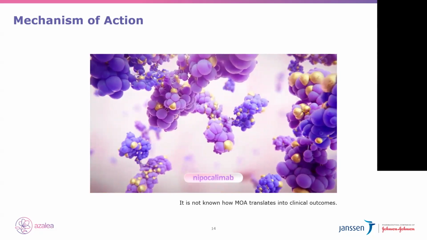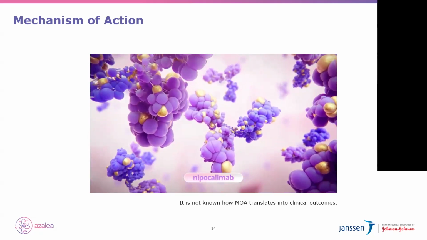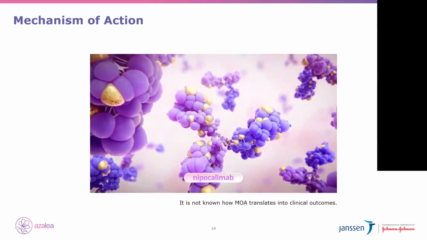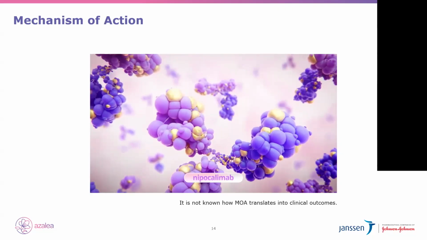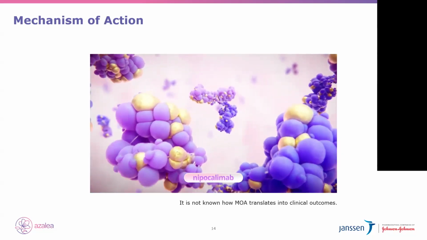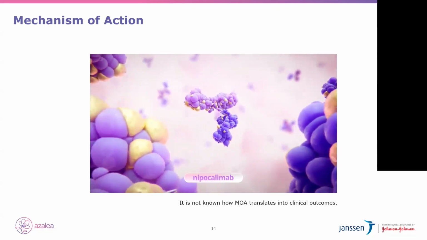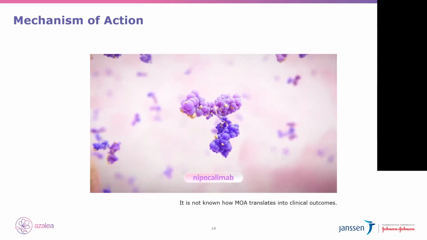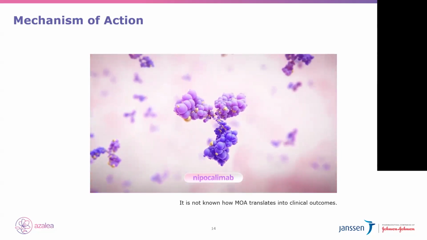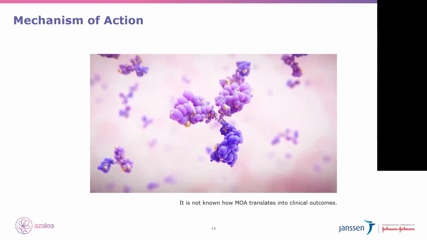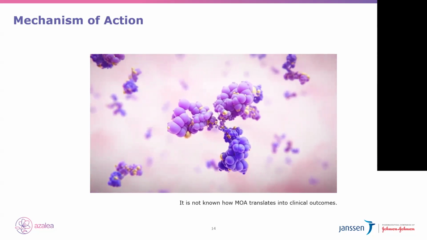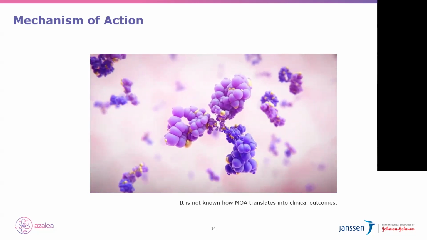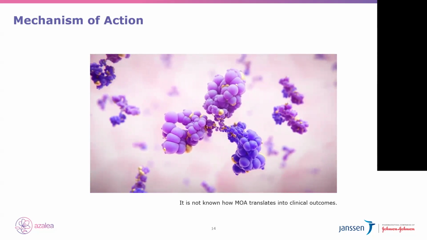Nipocalimab is a fully human anti-FcRn monoclonal antibody, which is believed to target FcRn. It inhibits FcRn-mediated IgG recycling to decrease IgG levels, including the levels of pathogenic IgG, while preserving IgG production. Nipocalimab, unlike native IgG, is aglycosylated.